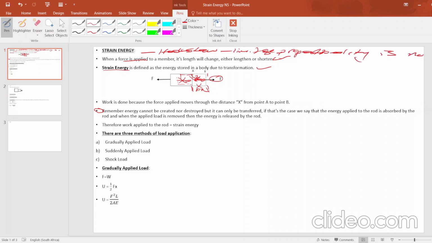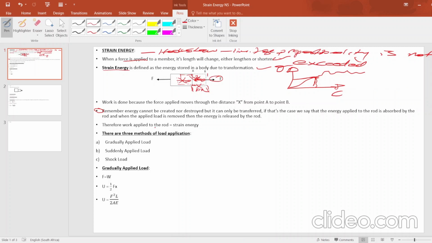It means strain energy is applicable under Hooke's law, because beyond this point, there's permanent transformation. That is why when you remove the force, you are releasing the energy, and the material will go back to its shape and size.